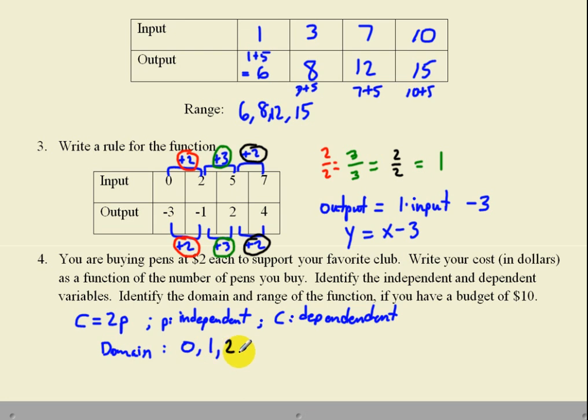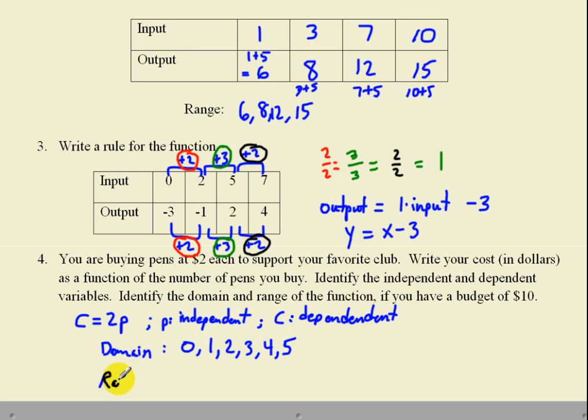We could buy 2 pens or 3 pens. Notice we can't buy half a pen or 1 3/8 pens or 2.89 pens. We can only buy whole number values here. So 0, 1, 2, 3, 4. We could buy up to a maximum of 5 pens if we spend our whole $10.